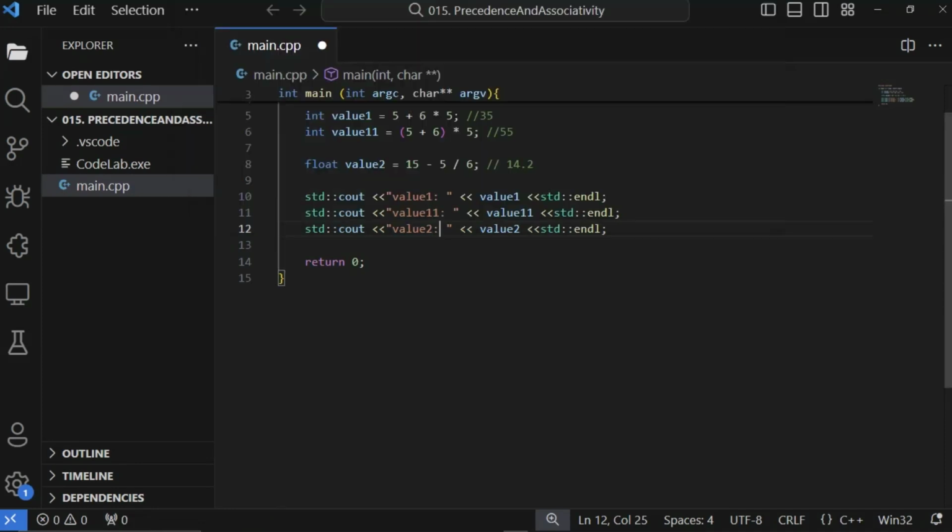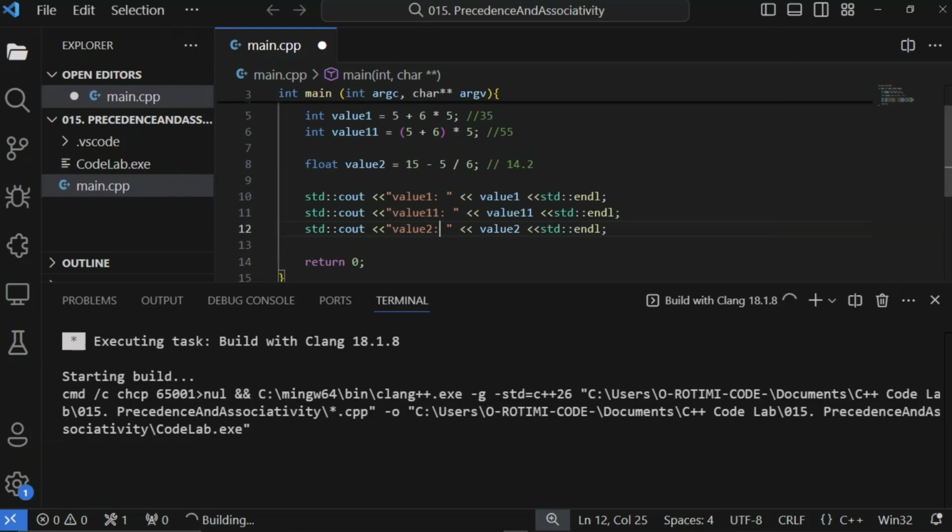I'll be using cloud. Anyway, if our program is behaving like this, something is wrong with the compiler, I guess.